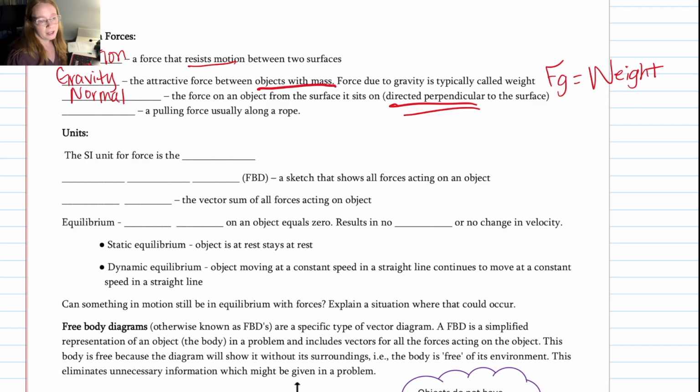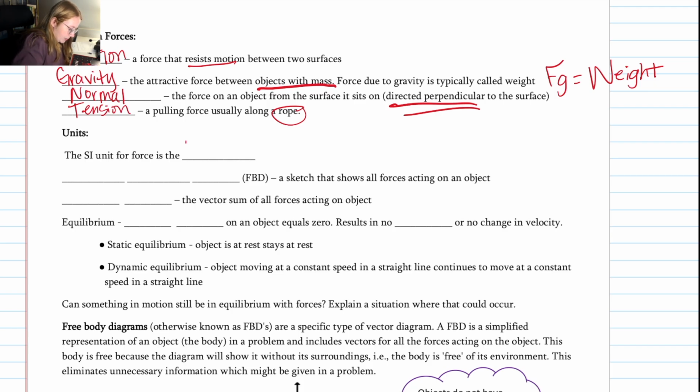Or even if it's on an angled surface like a ramp, you still have a normal force. It'll just be skewed where it becomes perpendicular to the surface, and so it's not counteracting all of gravity. Okay, but normal force comes out of the surface that an object is sitting on, perpendicular to the surface. The last one, a pulling force along a rope, would be tension.